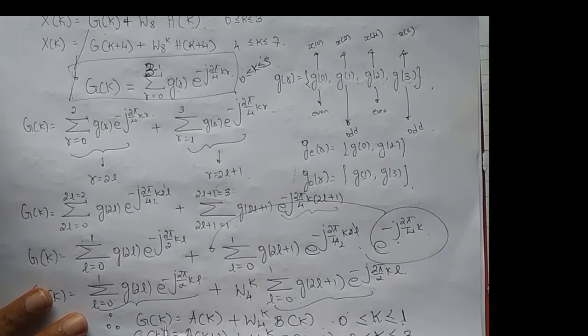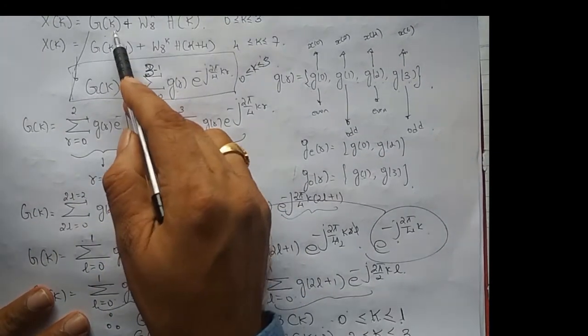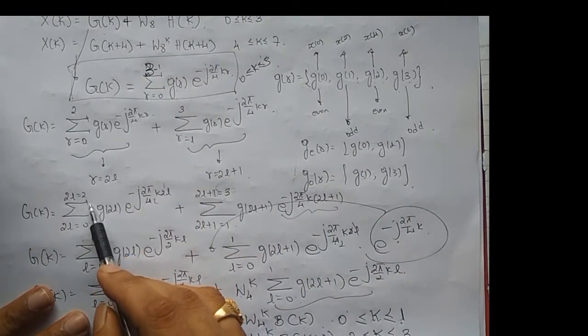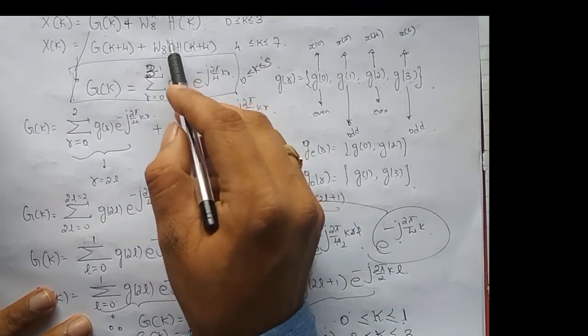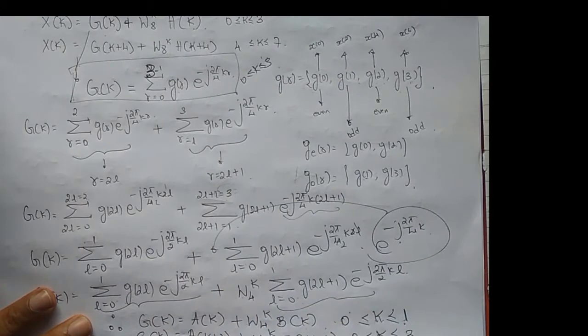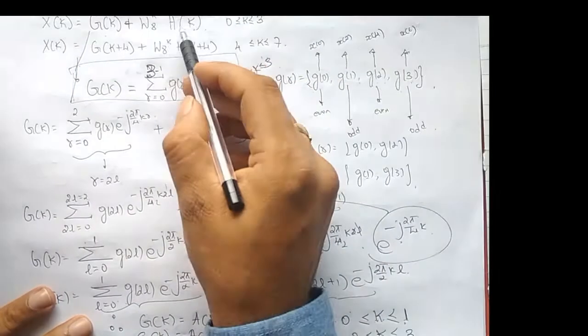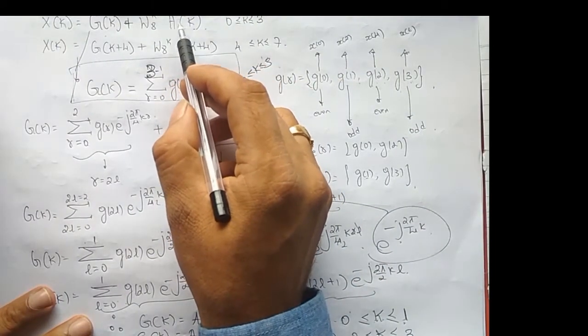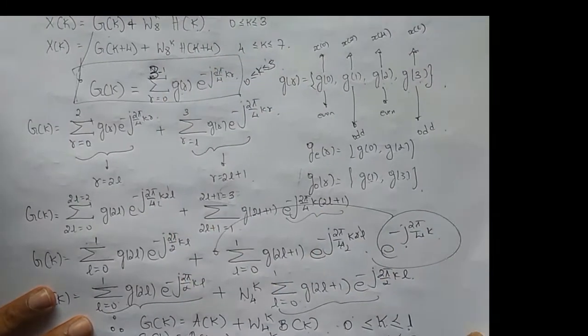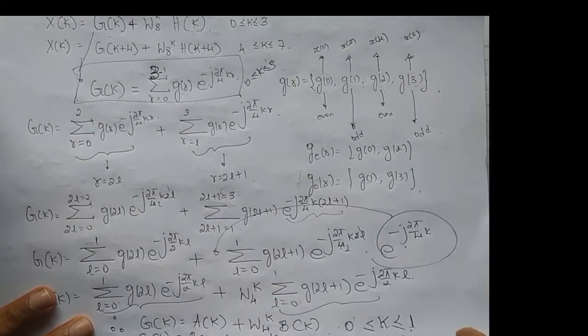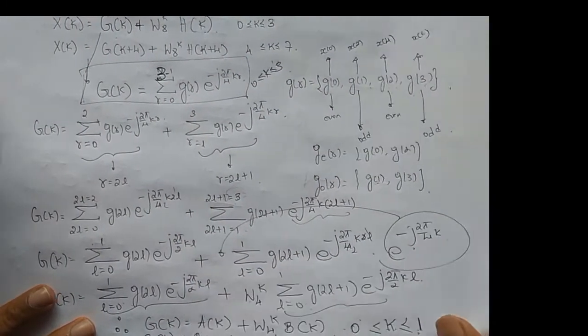So I decomposed only G of k into 2-point DFT equations. Similarly, I have to decompose H of k into 2-point DFT equations for the even index of H and the odd index of H. So we can directly write it, we don't have to put these equations again.